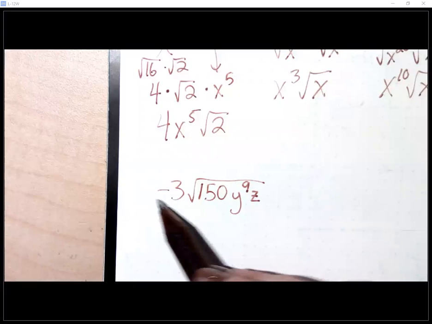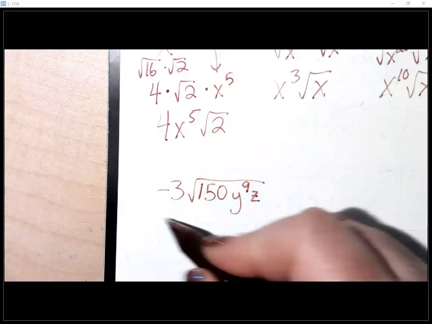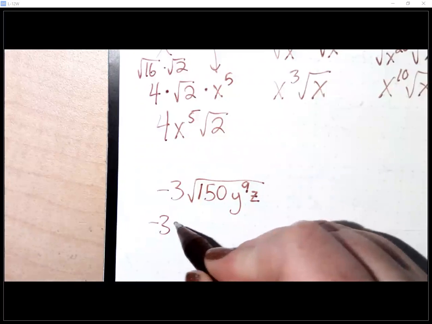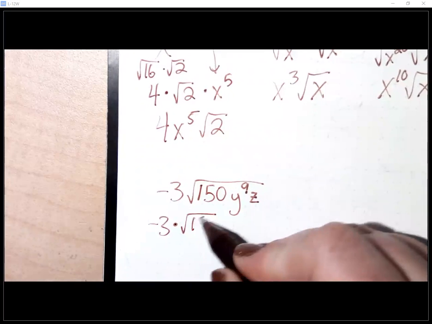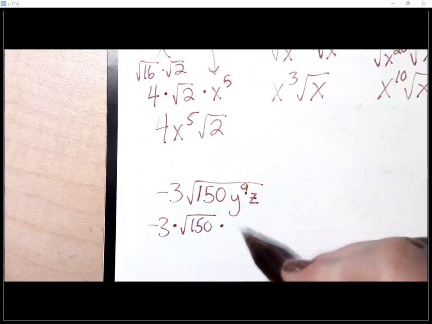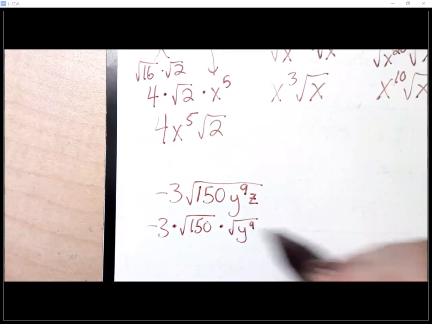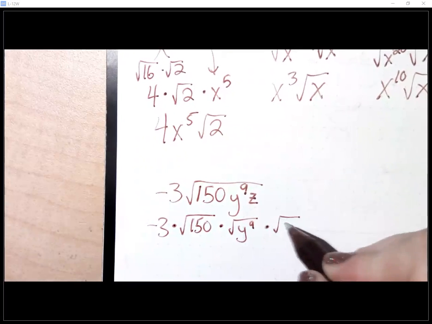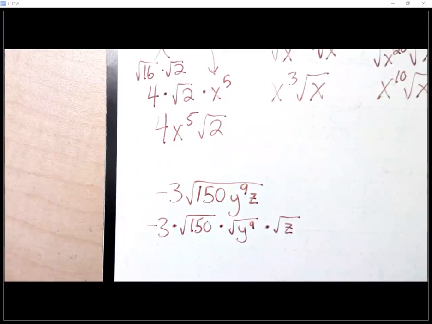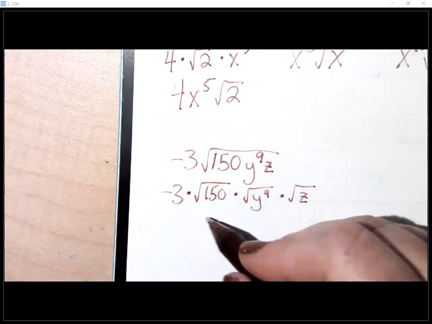It's just multiplication. So I'm just going to do -3 times whatever the square root of 150 is, times whatever the square root of y to the 9th is, times whatever the square root of z is. It's all just multiplication. I'm just going to break them apart. There's nothing for me to do with this -3 right now, so I'll just bring it down.